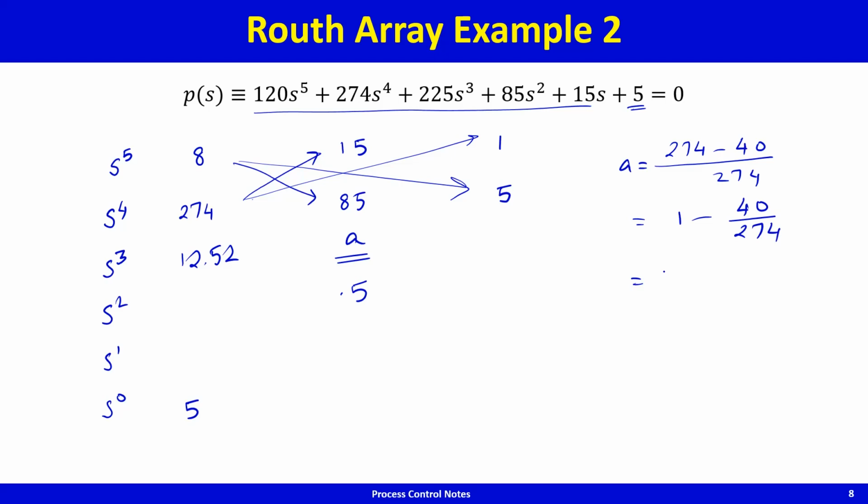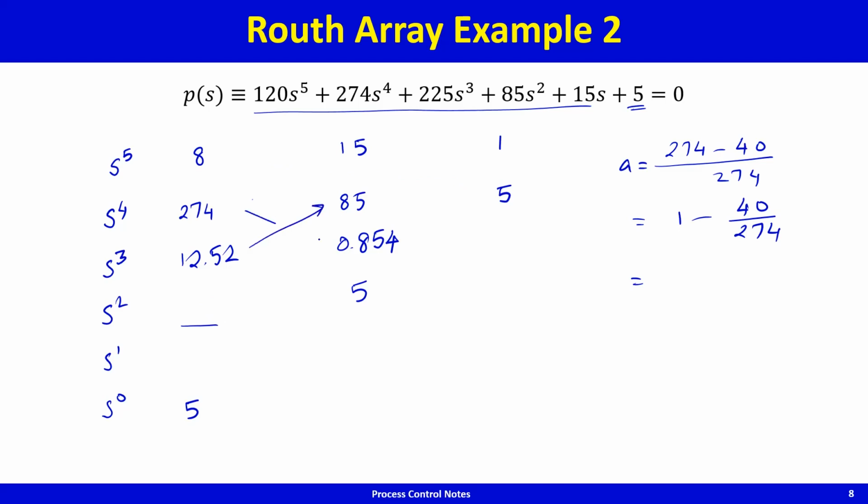So this guy is 0.854. The S square term is going to be this times this minus this times this divided by this guy.